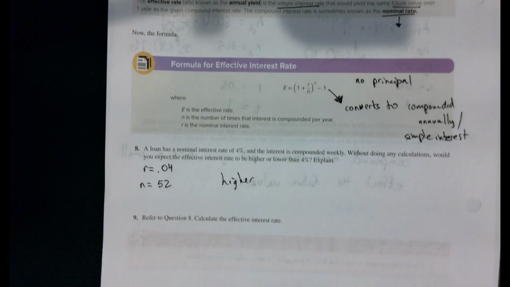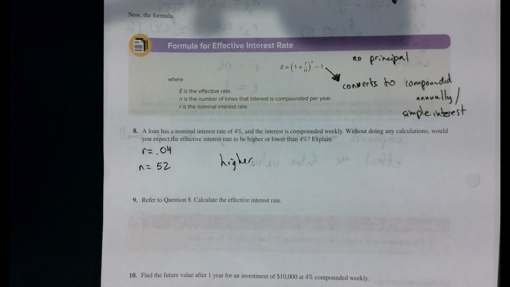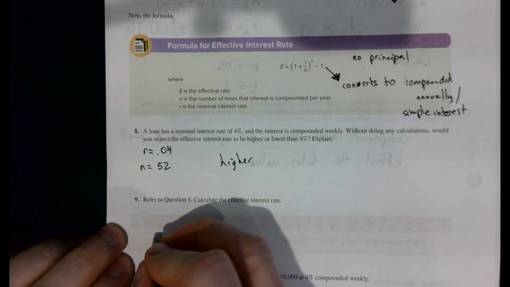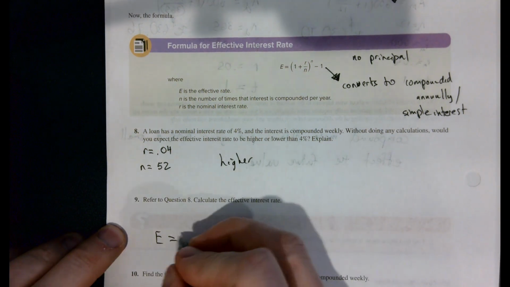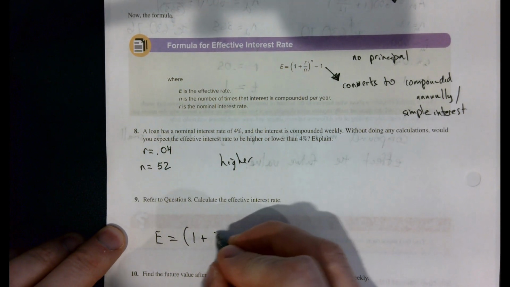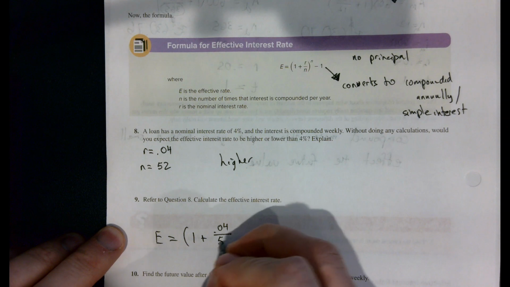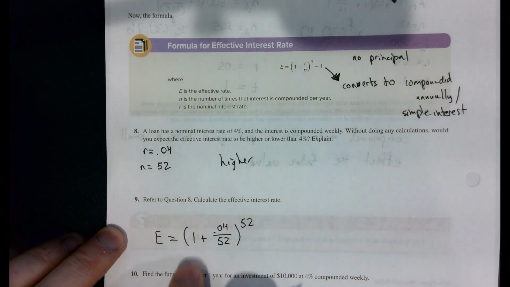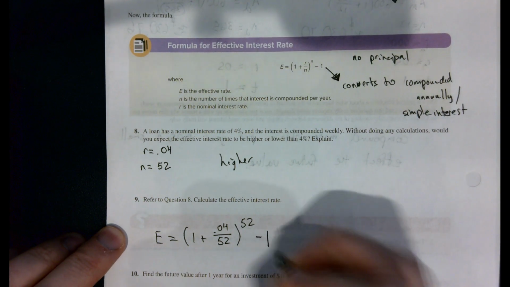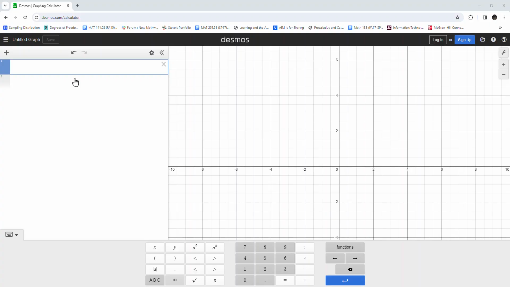So let's calculate what the effective interest rate is. And since I've already labeled the things above, it goes pretty quickly. We just take the 0.04, divide it by the 52, raise it to the 52nd power, and then we subtract 1 from that. This is a great case for Desmos. So notice this is essentially the factor from the exponential model.